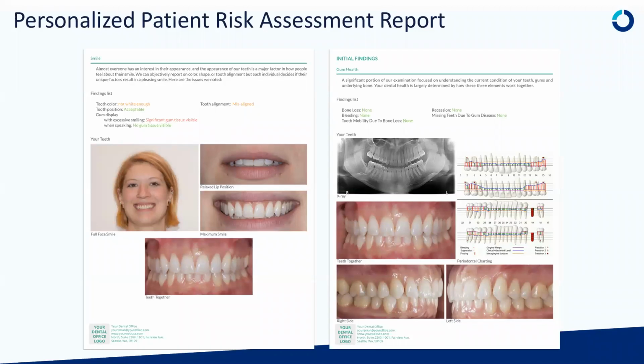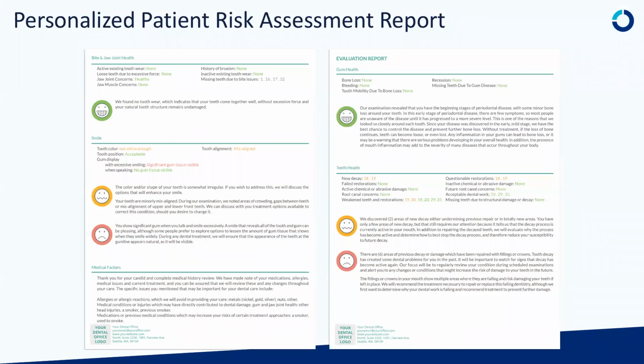And then the third level of information that is available as well is the full explanation of those 4 sections. So it will start with an explanation of what, let's say, gum health is, or what bite and jaw is. So it explains a bit what that is, and it's divided into 3 basically risk-oriented categories or groups.